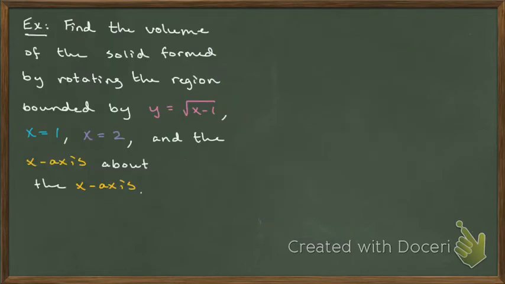Find the volume of the solid formed by rotating the region bounded by the function y equals square root of x minus 1, x equals 1, x equals 2, and the x-axis about the x-axis. So about the x-axis tells me where I'm rotating this region, okay?